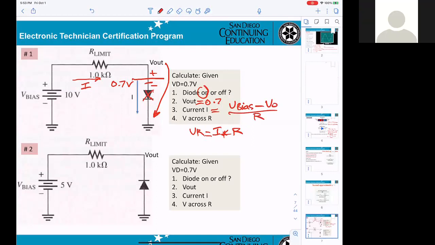I had a quick question, Mr. Pham. Go ahead. I know that you've said before that a silicon diode is much more common than a germanium. Exactly. Is there a specific application where you would see germanium, or are those being phased out? Is that something that was used more often before and now it's switched to silicon?